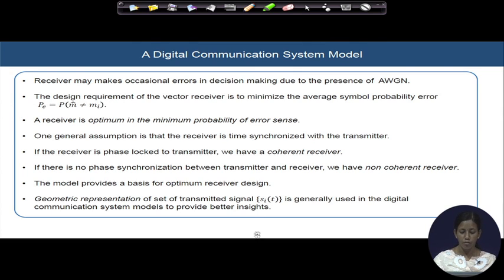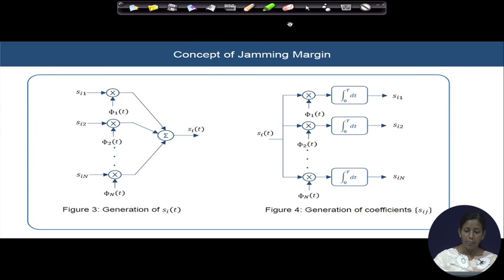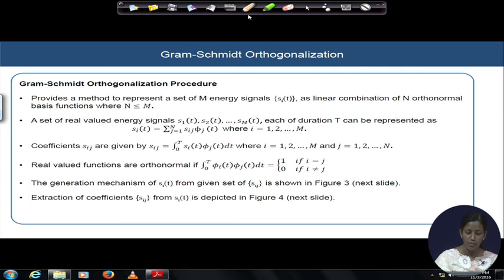A very famous method of having a geometrical representation of si(t) is the Gram-Schmidt orthogonalization procedure, which will be discussed next. This orthogonalization procedure tells the method of how to present capital M energy signals si(t) as a linear combination of capital N orthonormal basis functions.